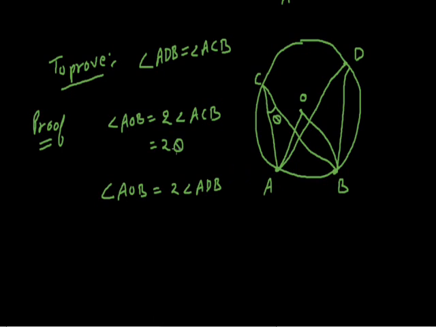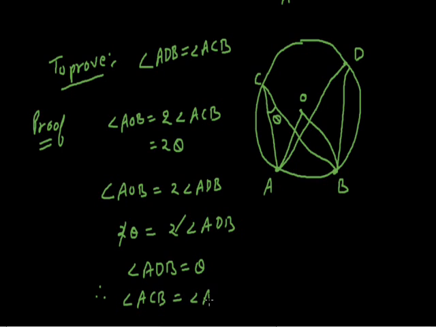As we know that angle AOB is twice theta, and also twice ADB, the 2s get cancelled, so we are left with angle ADB equals theta. Therefore angle ACB equals angle ADB, which equals theta. That proves that angles in a same segment are equal.